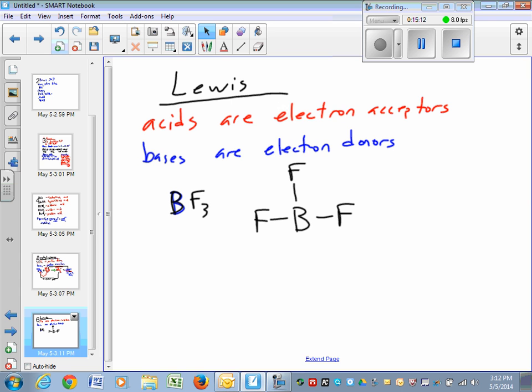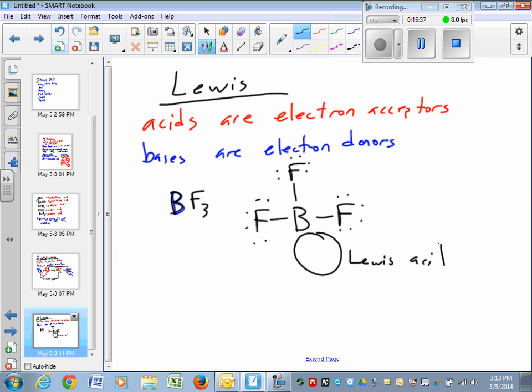You should do the work to double check my structure. But I am going to check my structure right now. That's my 8 valence electrons. BF3 has a space right here where there's room to accept electrons. So boron trifluoride is a Lewis acid.